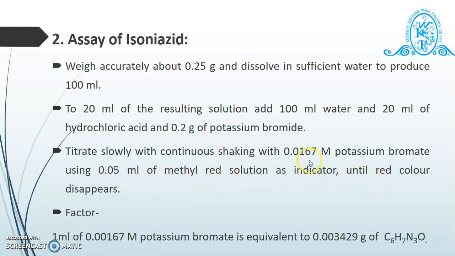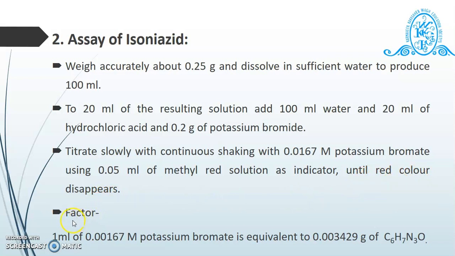The end point of this titration is when the red color disappears. After the addition of methyl red solution, the solution becomes red in color. After the titration, our end point is that the red color disappears.